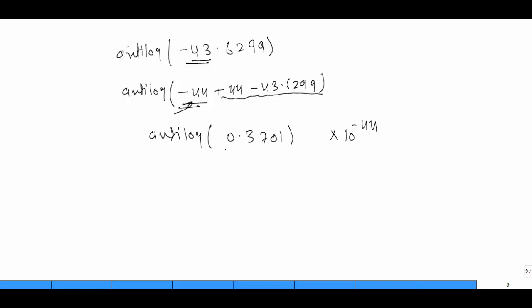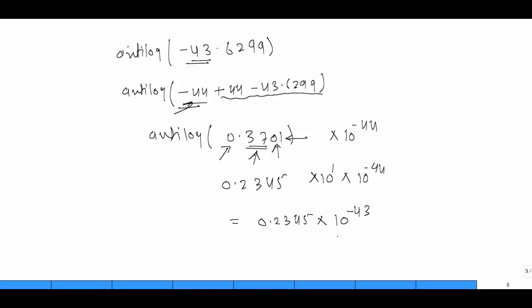You know how to find the antilog of this. Its character is 0, so that means multiplied by 10 raised to 1 and 10 raised to minus 44 as it is. So 37 is the main value, then 0 in the difference table, and 1 in the mean difference table. Just finalize everything, you'll get 0.2345. So your final answer will be 0.2345 into 10 raised to the power minus 43. That's the final answer.